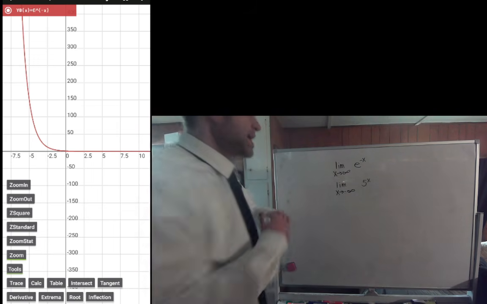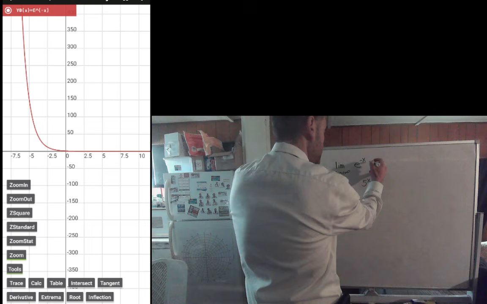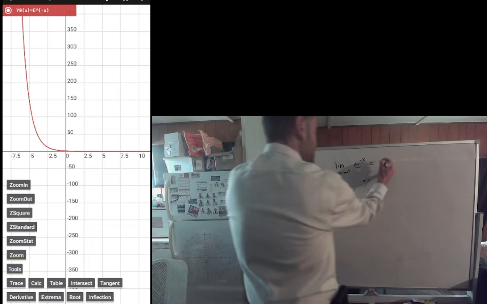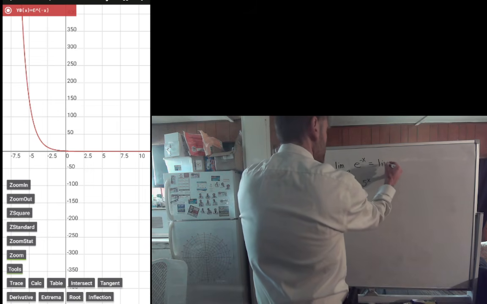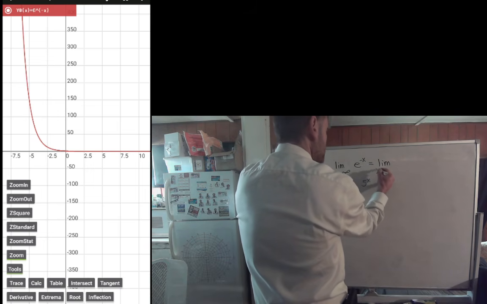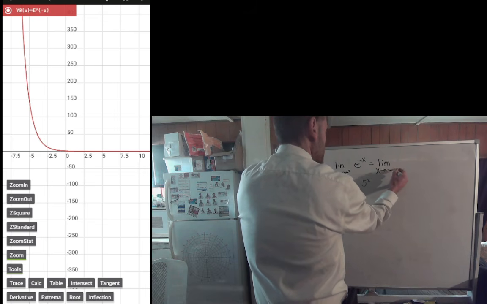I'm going to get infinitely close to 0. And actually that's the limit, because if we take e to the negative x, that's the same thing as 1 over e to the x because of the properties of negative exponents.